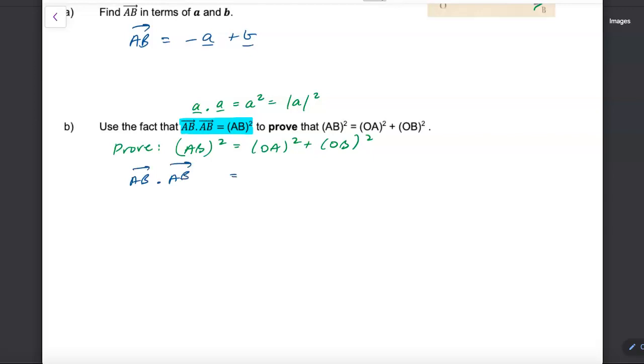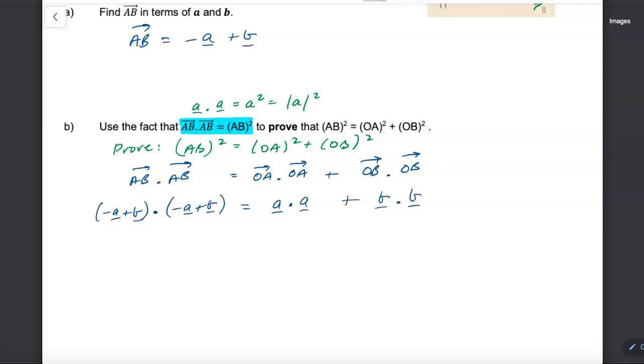And on the right side, this would be OA dot product with OA plus OB dot product with OB. Let's put it in terms of vector A and vector B now. So we've got negative A plus B dot product with negative A plus B. And this should be equivalent to vector A dot product with vector A plus vector B dot product with vector B.